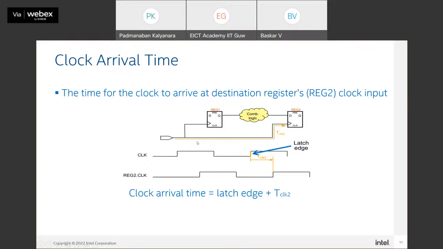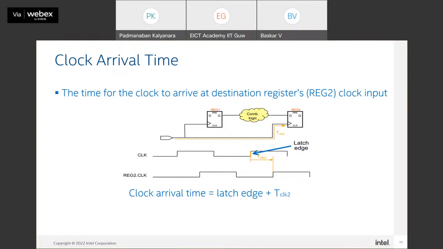You can see that the first flip-flop will get the clock earlier and the second flip-flop will get the clock later. We call this clock skew. Clock skew is a measure of the difference in arrival of the clock between two successive registers.